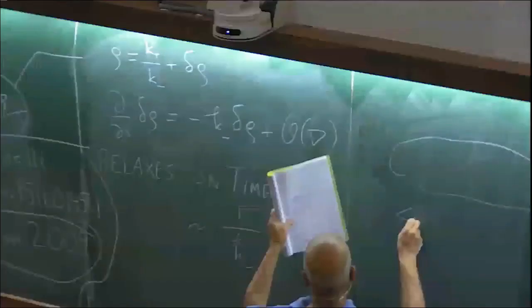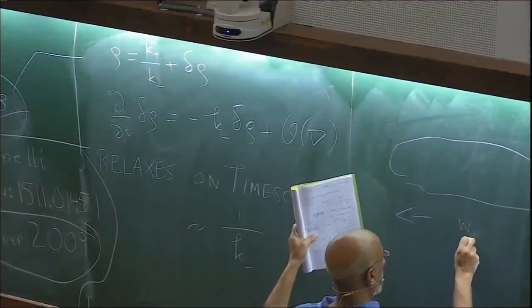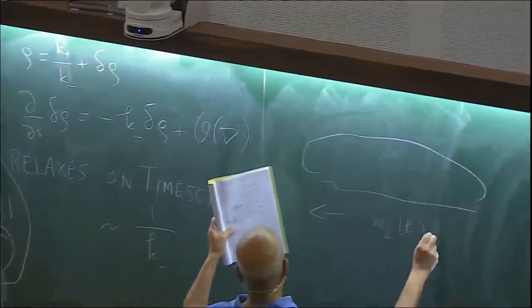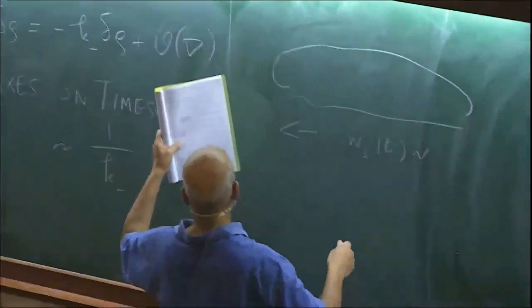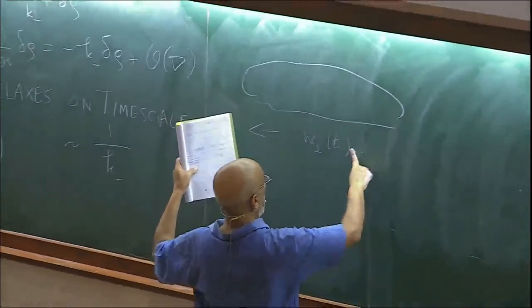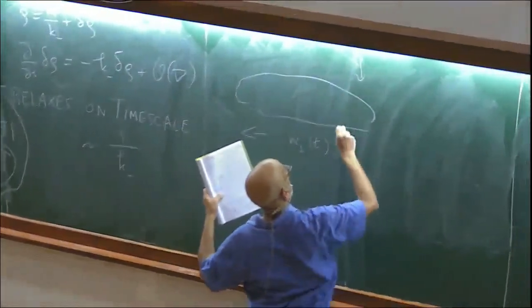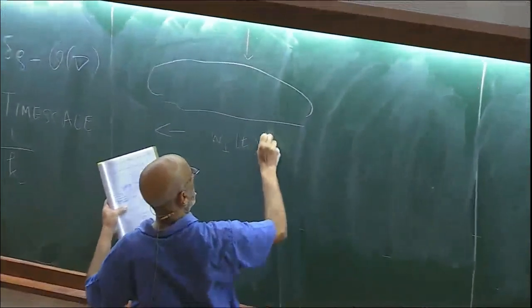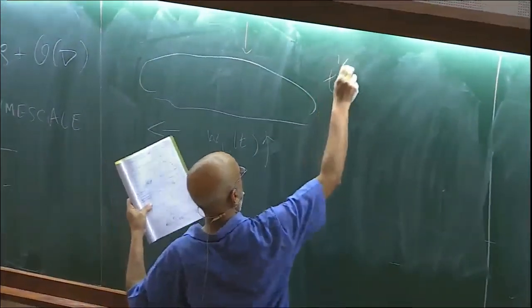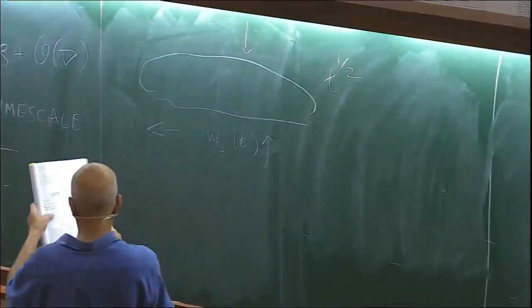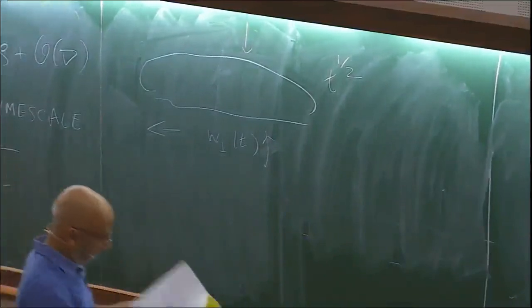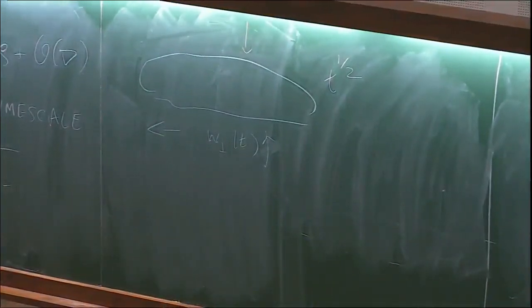It will have grown to some width, which I'll call w perpendicular of time, which is of order the lateral wandering bit, and it will have grown to a width that way of order t to the half. This is w perpendicular.